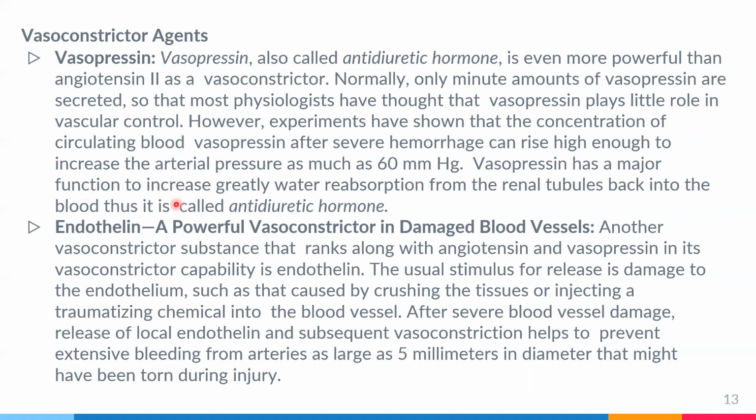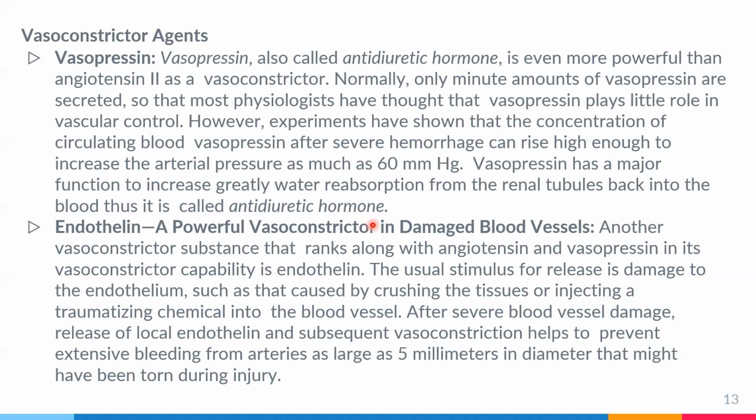Vasopressin has a major function to greatly decrease water reabsorption in the renal tubules, the tubules that are present in our kidney, and back into the blood, and thus it is called an antidiuretic hormone. We will look into the renal system in upcoming lectures, in which we will look into water reabsorption in the renal tubules.